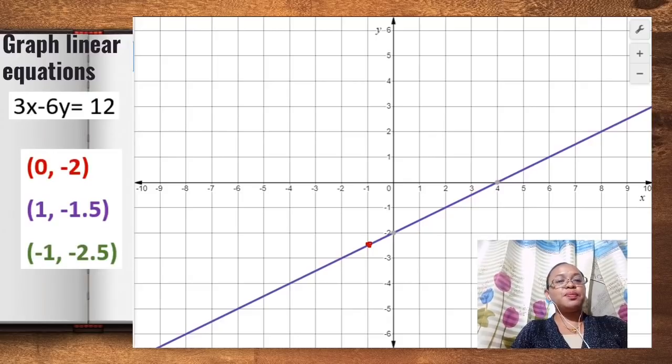When these 3 points are connected, the line that is formed is the one that you see on the screen. So this is now the graph of the linear equation 3x minus 6y is equal to 12. This is how it looks like. Okay? So that's it. We proceed to the next example.